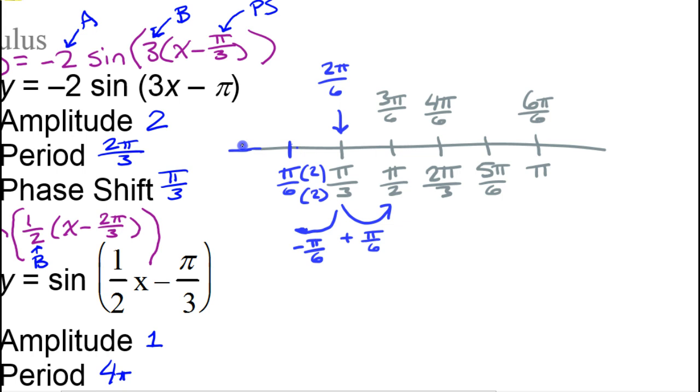If I subtract pi over 6 again, pi over 6 minus pi over 6 is 0. So that tells me that the y-axis will actually go right here because this is 0. I think I'm going to move the 0 so I have room for the y-axis. Okay, so here's my y-axis.